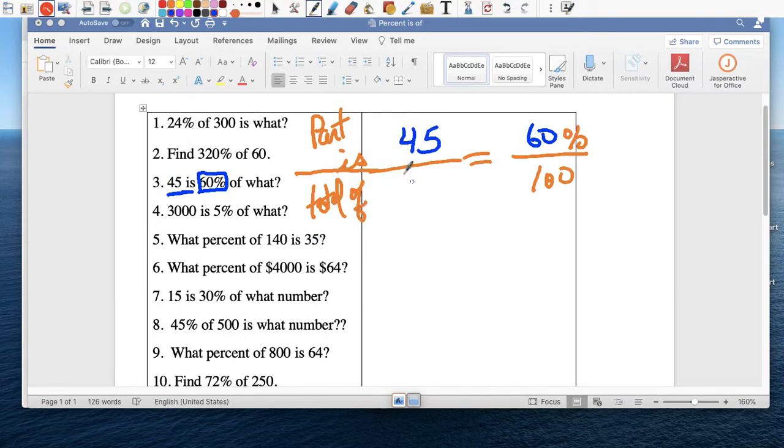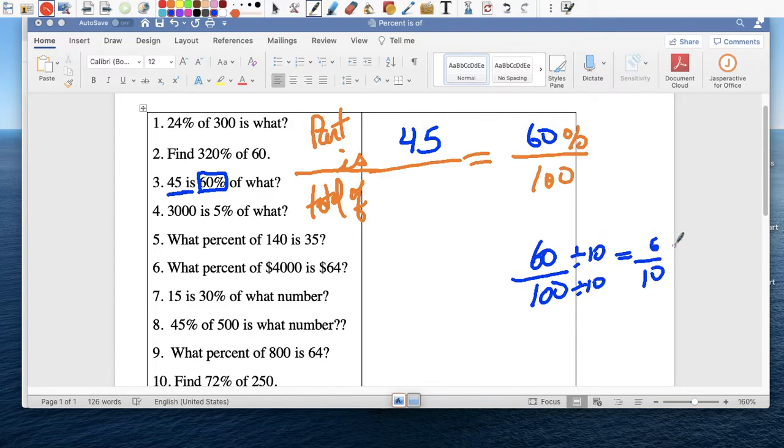Okay, and over here is what we need to find out. So can we find a relationship? No. Let's see if I can simplify. Let's divide by 10, we get 6 over 10.